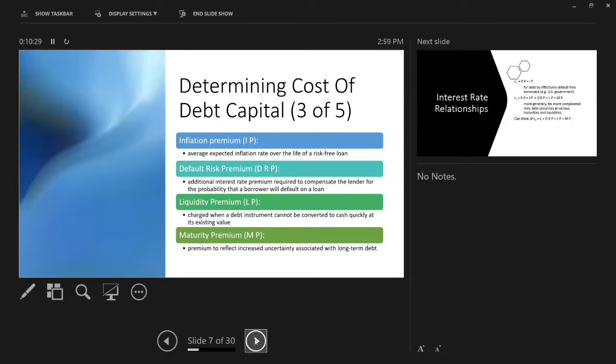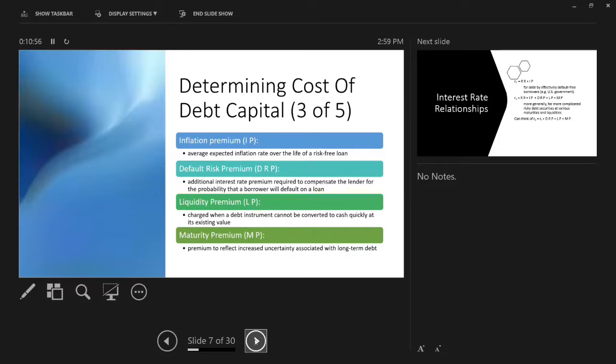And then we also have another element of the cost. We call it the maturity premium. It's a premium that reflects increased uncertainty associated with long-term debt. When you borrow money, certain borrowings are short-term, which we may have to settle within a year. But when you borrow for the long term, say a 5-year, 10-year or 20-year loan, you have more uncertainty.